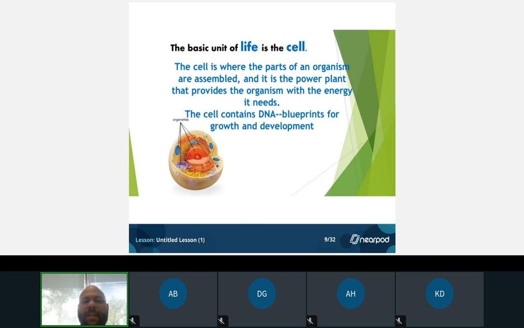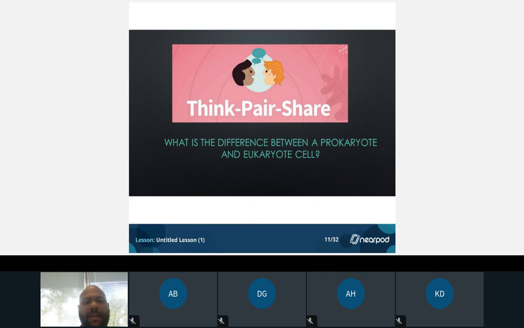As we said, the basic unit of life is the cell. It contains DNA, which is the blueprint for growth and development. Excellent job, guys. So what is the difference between a prokaryotic and a eukaryotic cell? Now that we've talked about the cell being the basic unit, what is the difference between a prokaryotic and a eukaryotic cell? What I'm going to do is give us about 2 minutes.